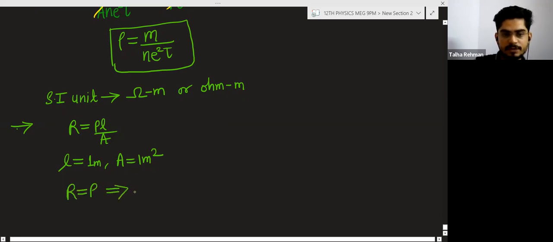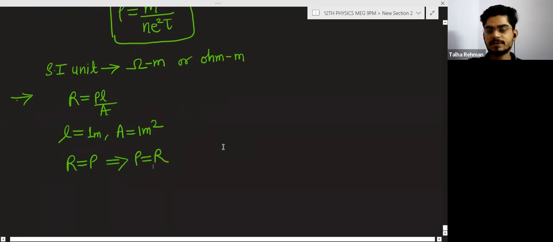So resistivity is the resistance of a wire of unit area and unit length.